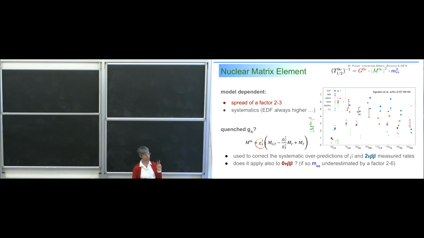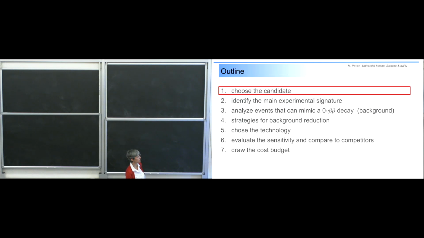There is a second point for which it is important to be able to convert into Majorana mass. When I want to compare experiments that are studying different isotopes, it has no meaning to compare the half-life. I need to compare this parameter, and then I have to find a solution for the uncertainty, or the spread, that I have on the nuclear matrix elements. But we will go back to these topics later.